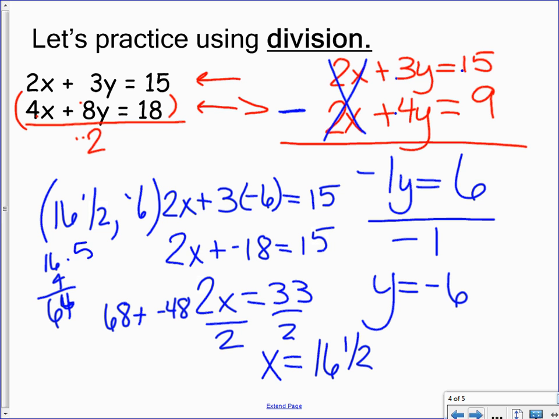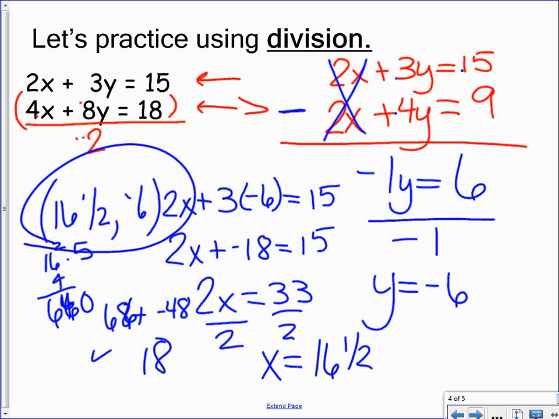Let's just do this. Oh, not 4. It's only 2. Half of 2. So 66, so we get 18. So it checks. This is our ordered pair.